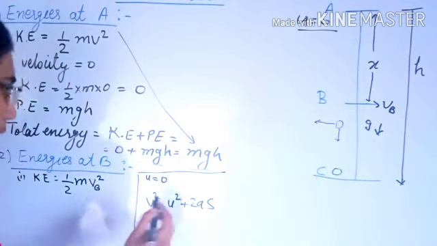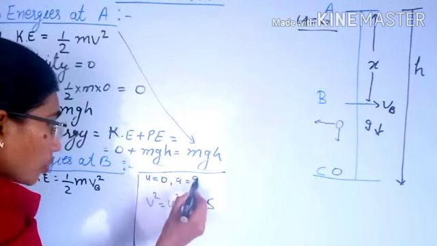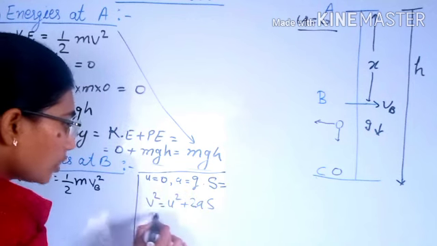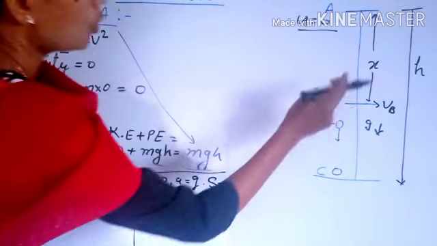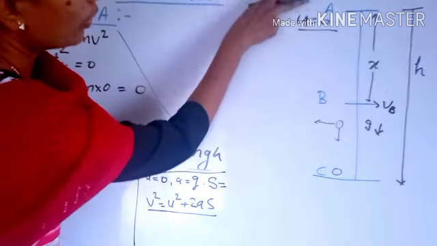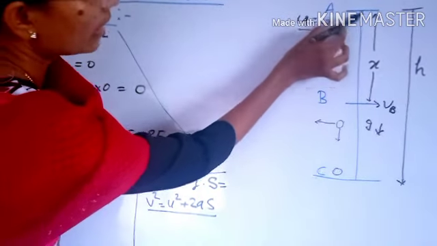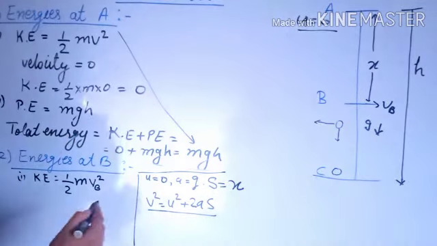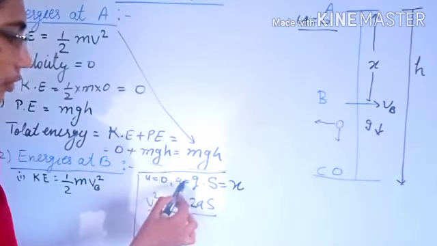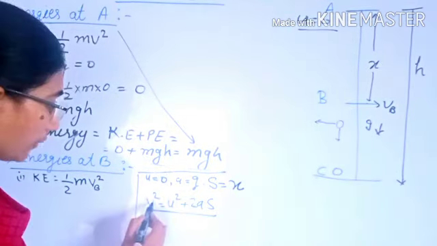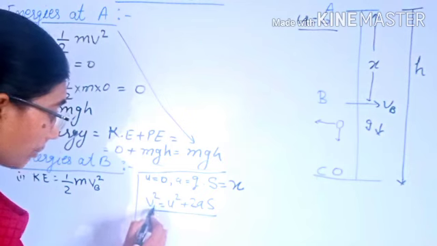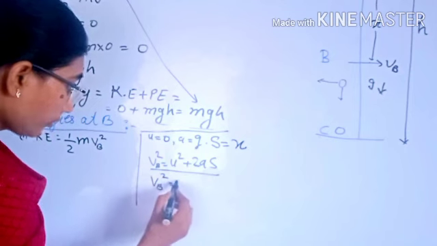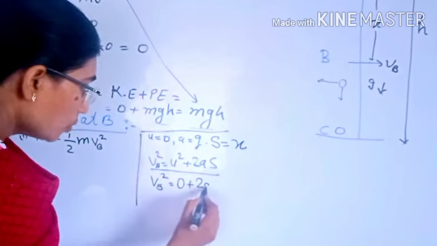A is equal to acceleration due to gravity g, and s is the distance travelled by the object from A to B. Suppose this distance is x, then s is equal to x. So initial velocity is 0, a is g, s is x, and v is vb. So vb square is equal to 0 plus 2gx.